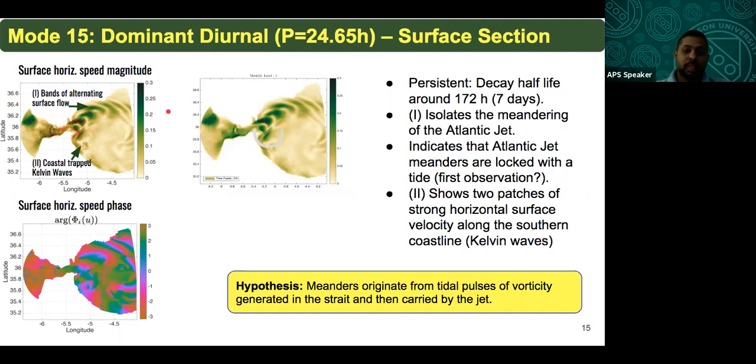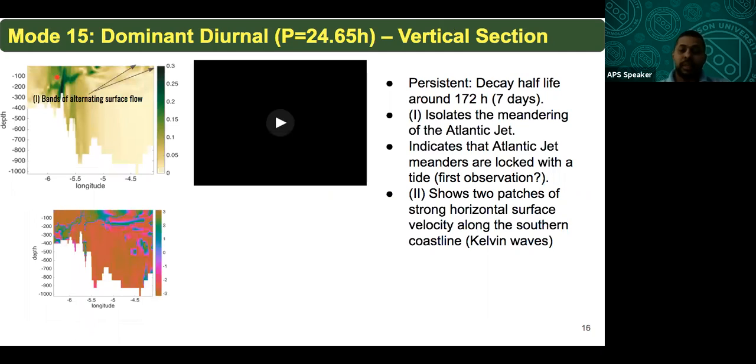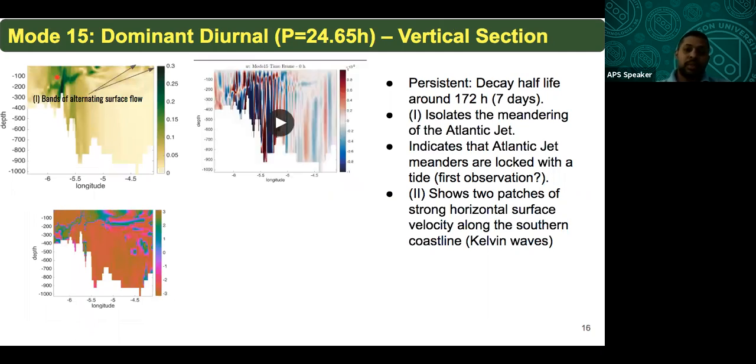We can further clarify that when we look at the cross section. We can see those bands are very narrow here. They do not go deep down. So that tells us there is a meandering mode.